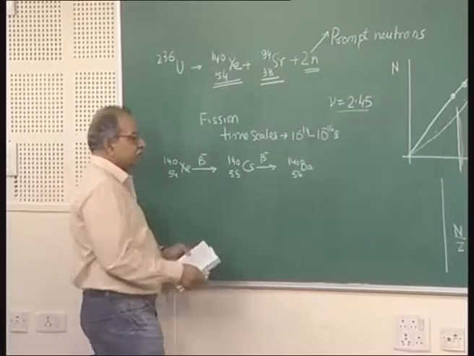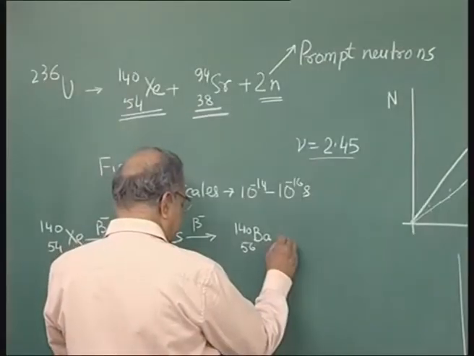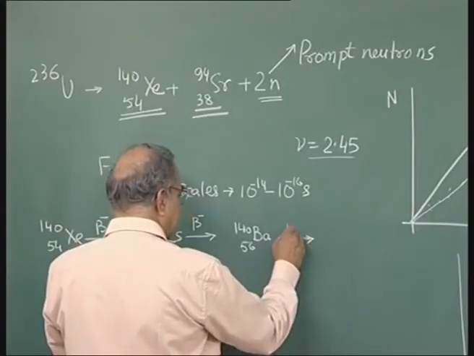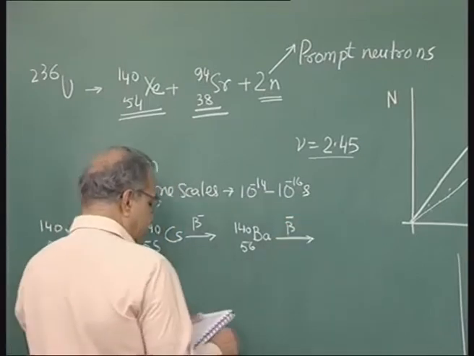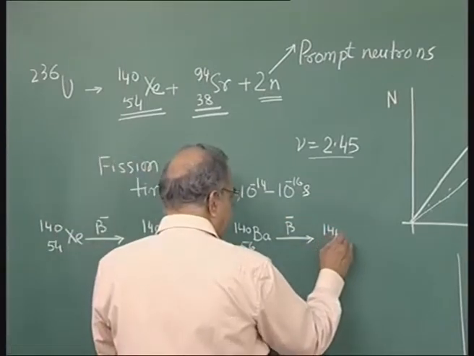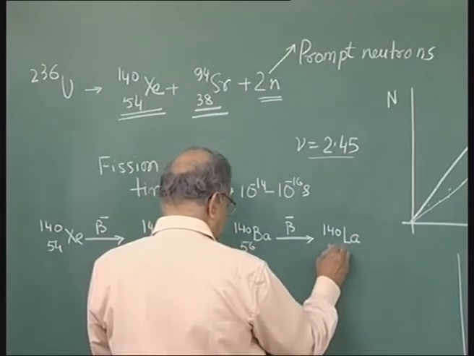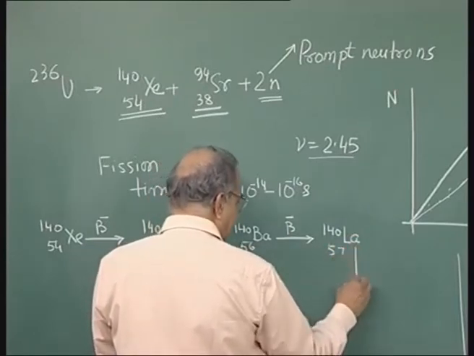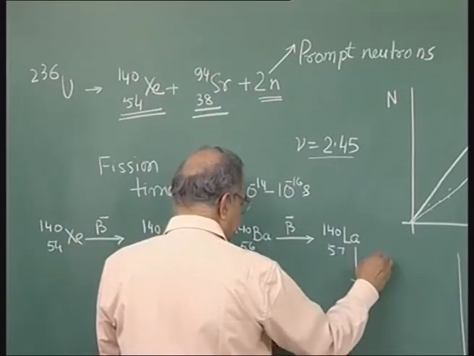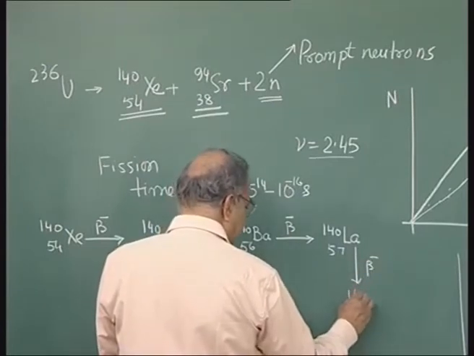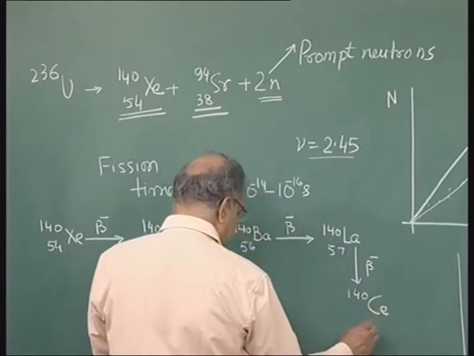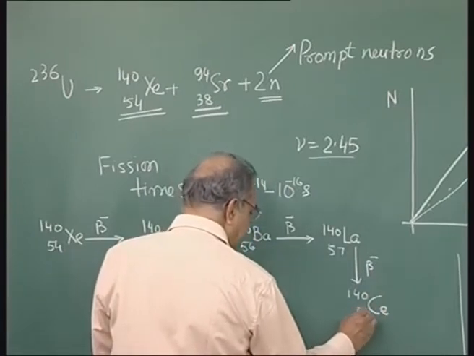So, the total nucleon number is not affected. Then this is also radioactive. So, it beta decays to 140 La, lanthanum 57, and then finally, it decays to 140 Ce, 58. This is stable.